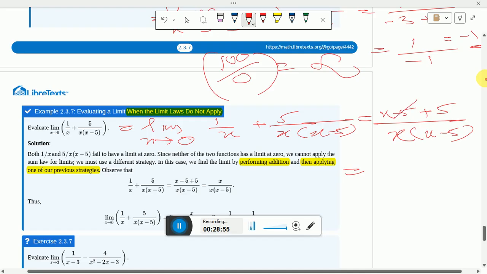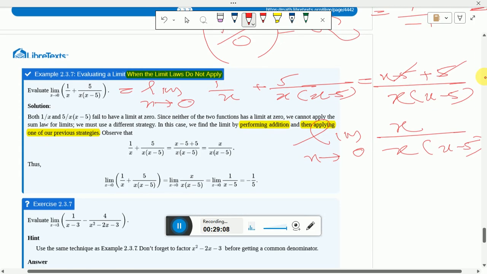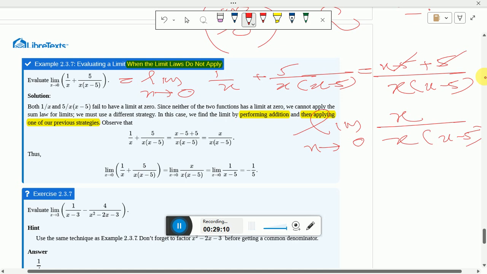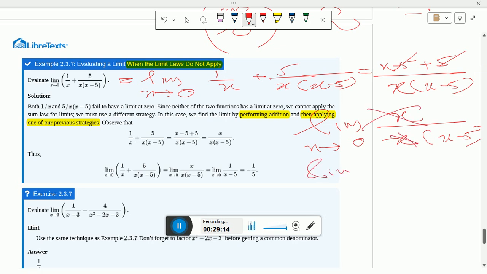Now plus 5 minus 5 I can cut down, so we have x over x into x minus 5. Now the equation is simplified: limit x approaches 0, x over x into x minus 5. Again I can cancel x on both sides. Now the limit as x approaches 0 of 1 over x minus 5.